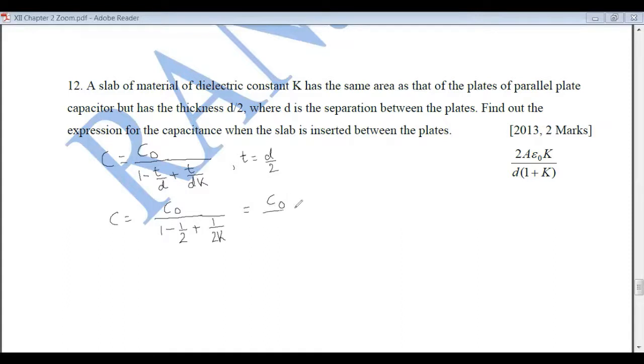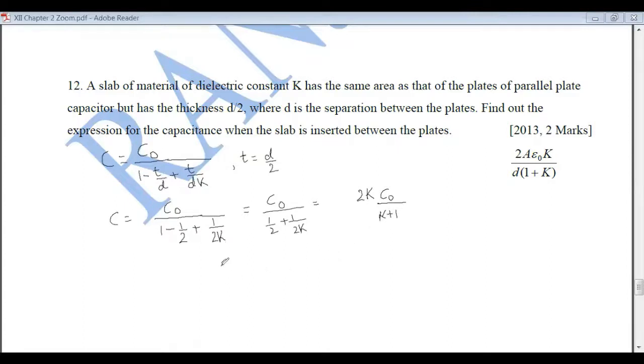So C naught upon half plus 1 upon 2K. Okay, now taking the LCM of the denominator, 2K comes in the numerator, C naught upon K plus 1.